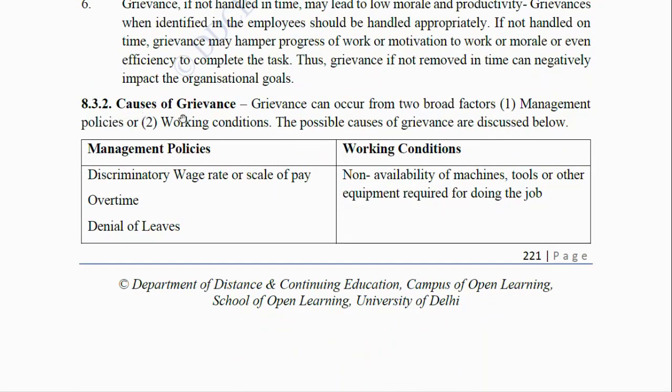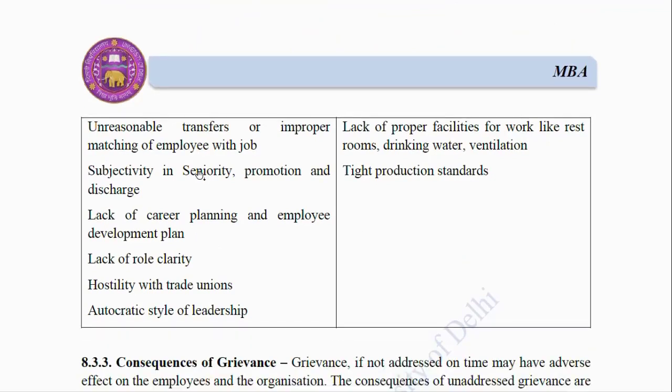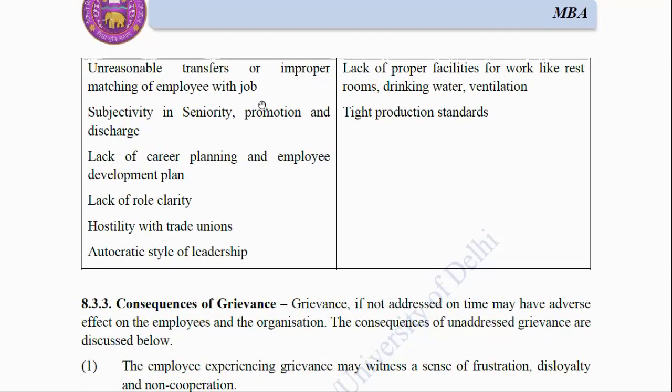8.3.2, Causes of grievance. Grievance can occur from two broad categories. Number 1, management policies. Management policies include discriminatory wages, overtime, denial of leaves, unreasonable transfer or improper matching of employee with jobs, subjectivity in seniority, promotion and discharge, lack of career planning and employee development plan, lack of role clarity, autocratic style of leadership.